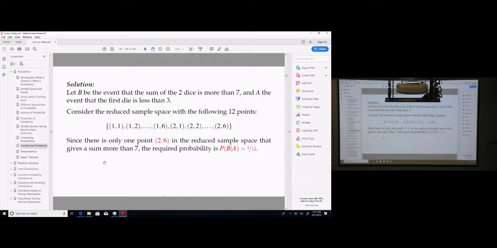That is why I have these 12 outcomes: 1,1, 1,2, up to 1,6. This is for die 1 having number 1, or die 1 having number 2, and I don't care about the number for the second die. And there is only 1 point in the reduced sample space that gives a sum more than 7. So as a result, this is 1 over 12.